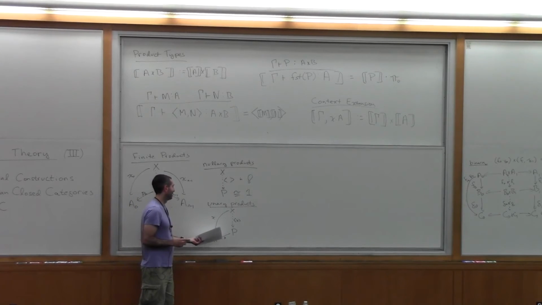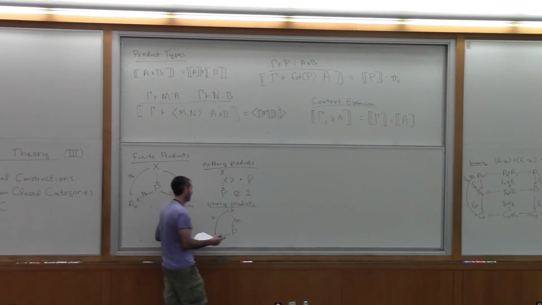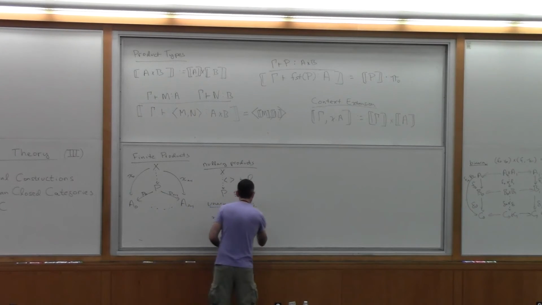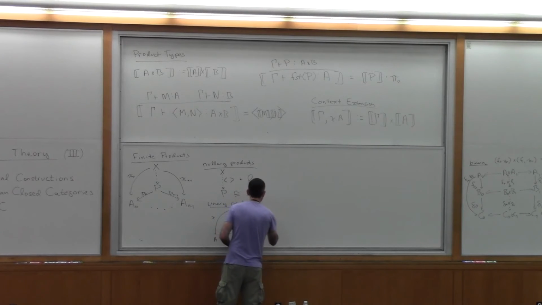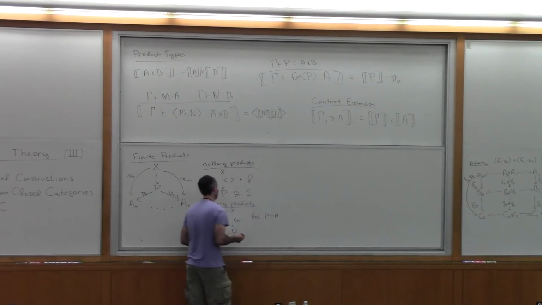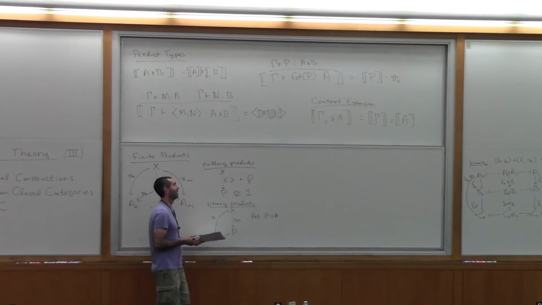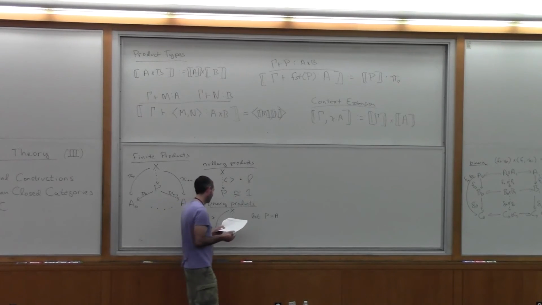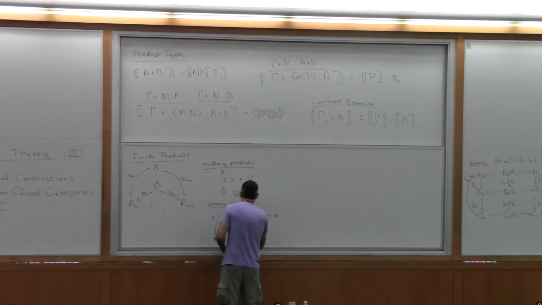Then for any map here, we just put the same map there. So a tuple of one factor is just that object, in other words. So then the one tuple of X would just be X.